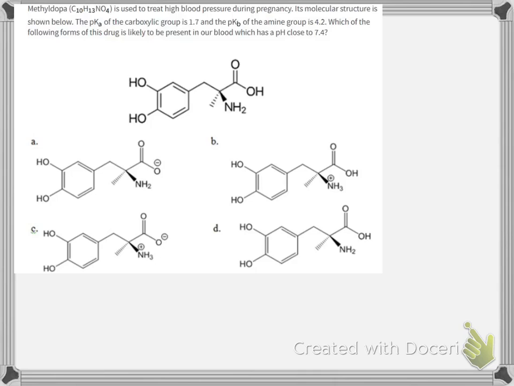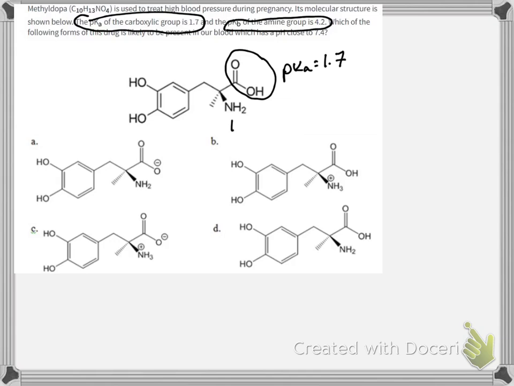All right, so this is a question very similar to one we did in class. We're given two values, a pKa and a pKb. And we want to know, in our blood, which is at pH 7.4, what would be the most abundant species? Okay, so first we're going to identify the groups.